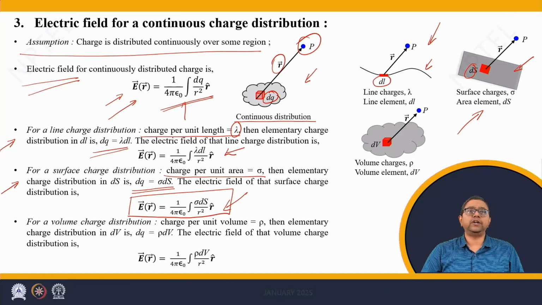Finally, we will look into the most general form, a volume charge distribution. The volume charge distribution is depicted here. Here we have the volume capital V, in which an elemental volume is dV.